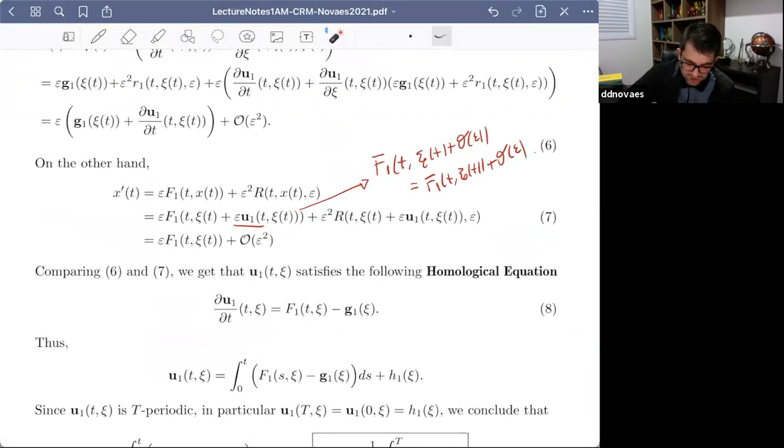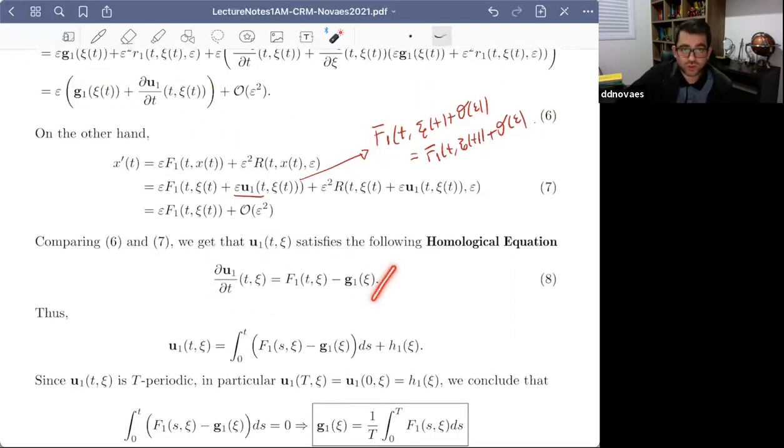So the function u1 must satisfy the following homological equation: the derivative of u1 with respect to the first coordinate has to be equal to f1(t, c) minus g1(c). This is called the homological equation, and the other higher order functions, u_i and g_i, also obey homological equations.